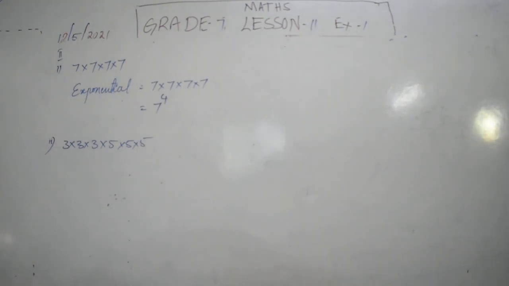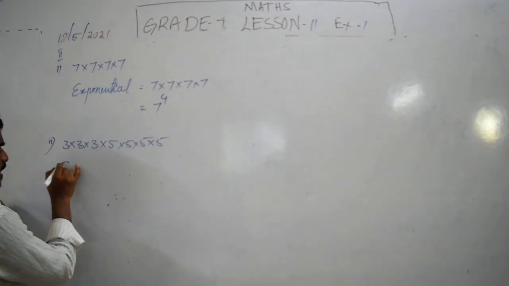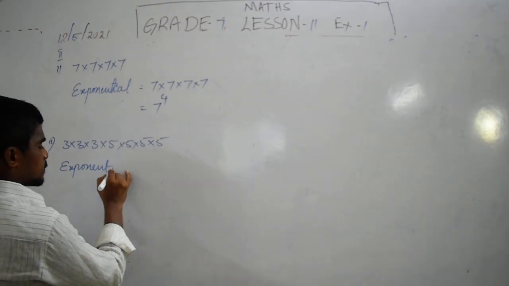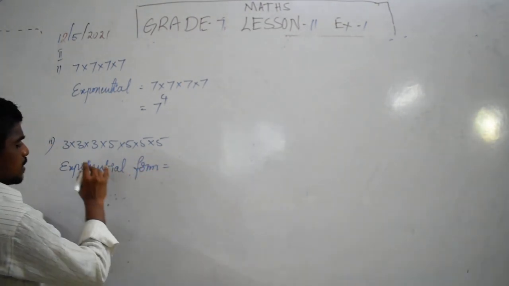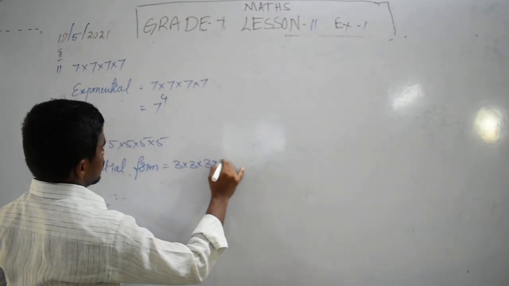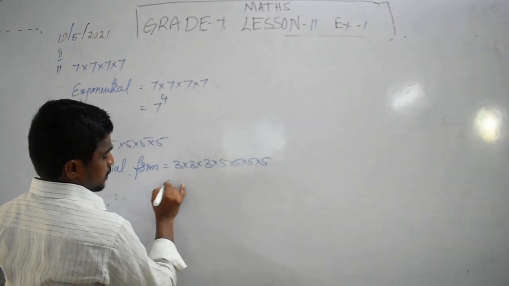They are asking, that is the problem. Here see, next. Here exponent, exponential form. Here see, 3 cross 3 cross 3, 5, 5, 5, 5.